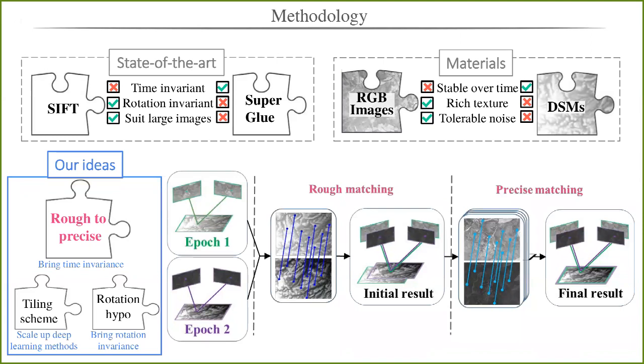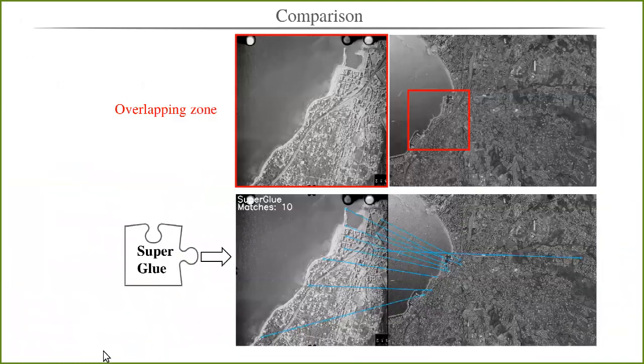The other two ideas, tiling scheme and the rotation hypothesis, are adopted in the middle of both rough and precise matching. The former leads to our second contribution, which is to scale up deep learning methods like SuperGlue, and the latter leads to the third contribution, which is to bring rotation invariance.